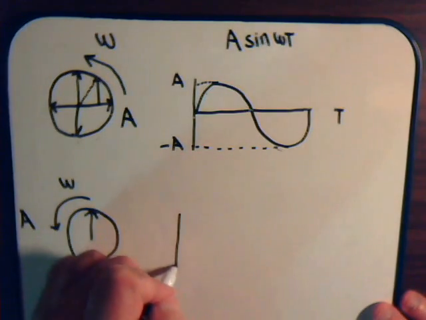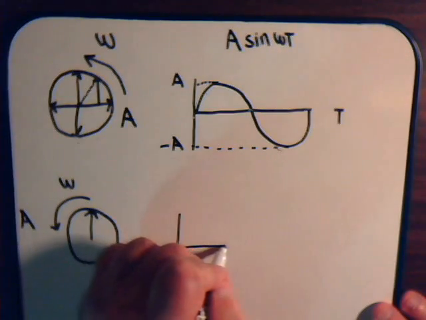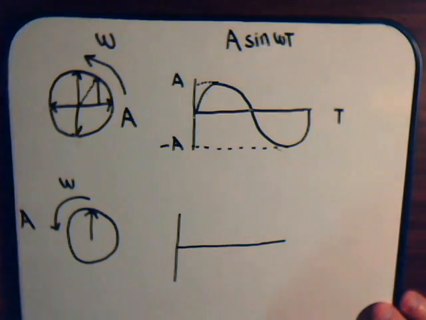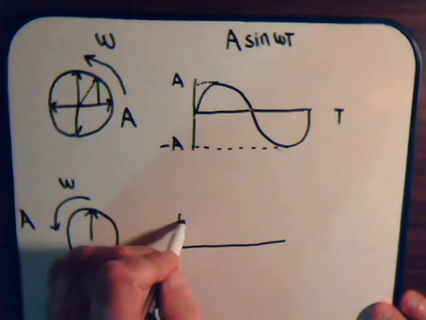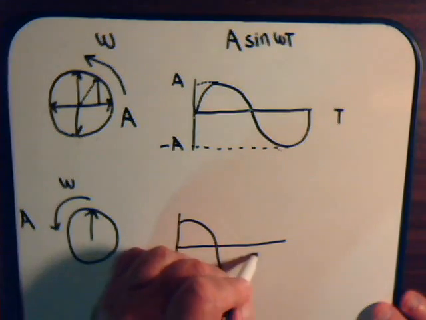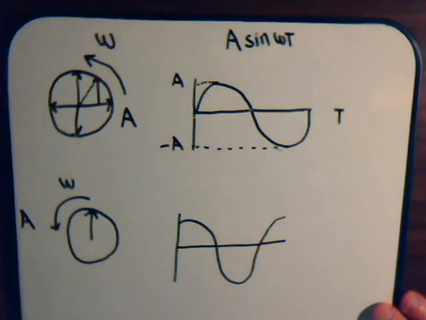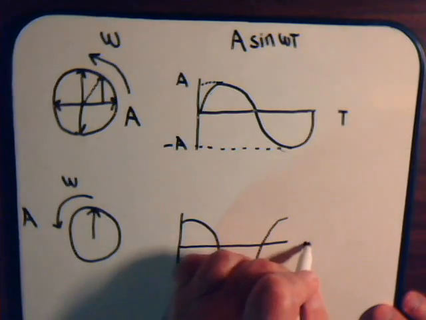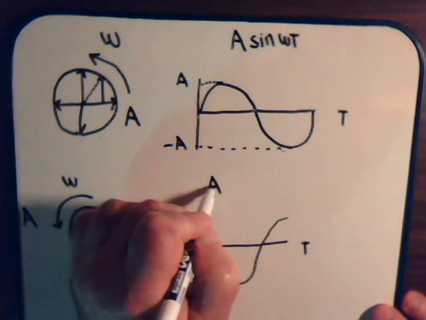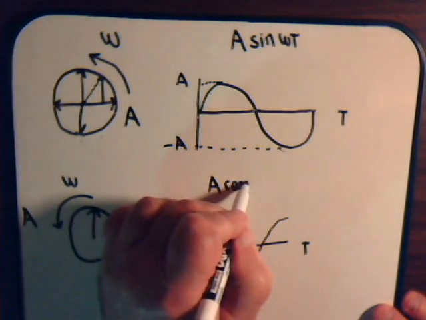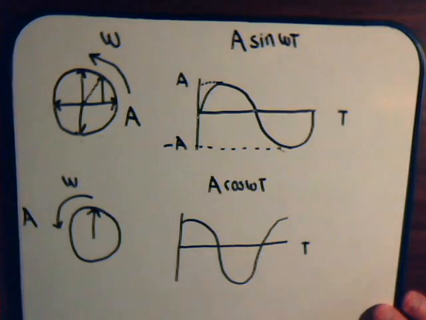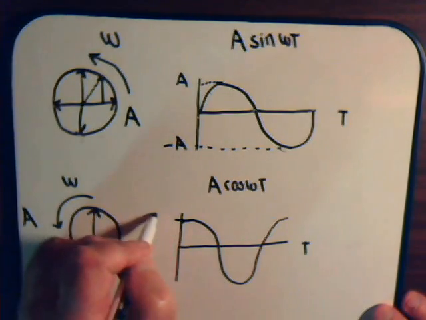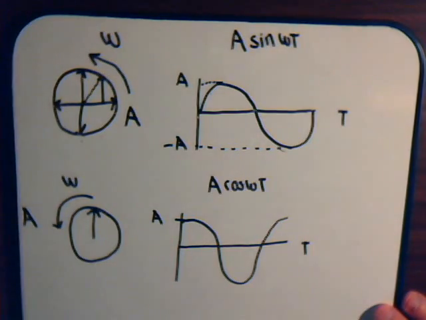So now the corresponding graph looks something like this. This is t, and this would be A times the cosine of omega t. At t equals 0, the height here is A. That's what that is.